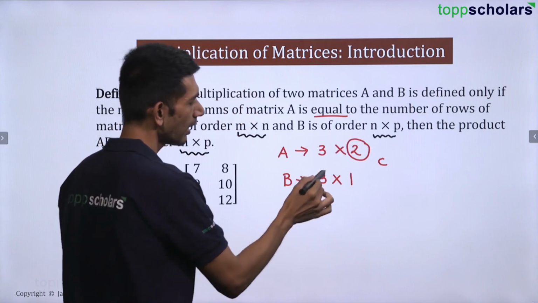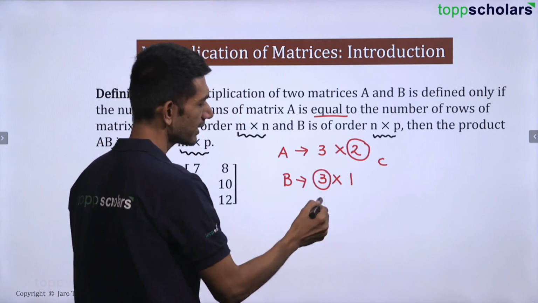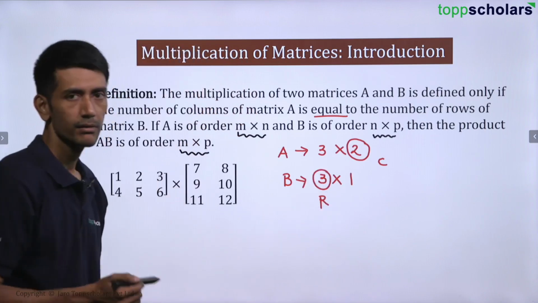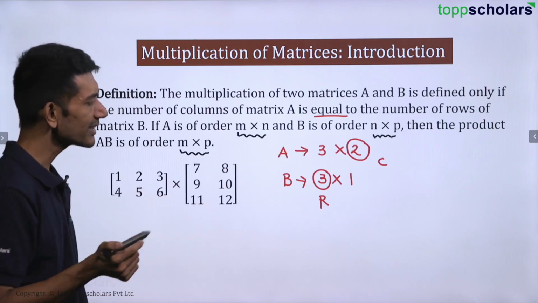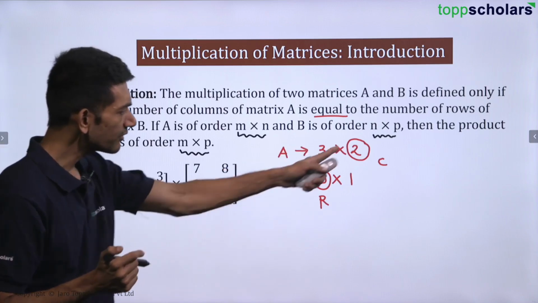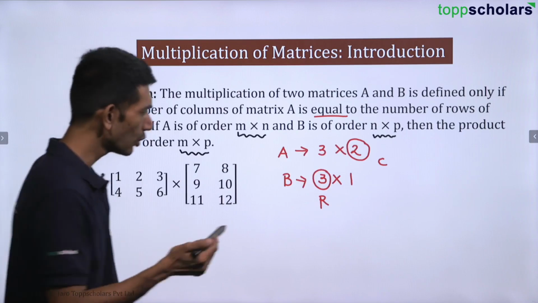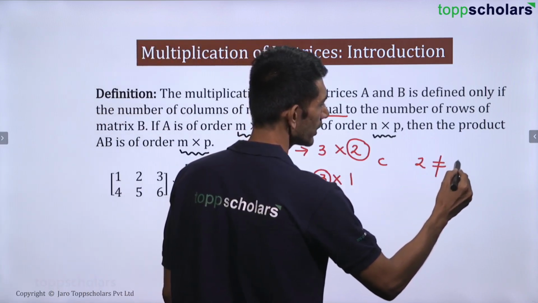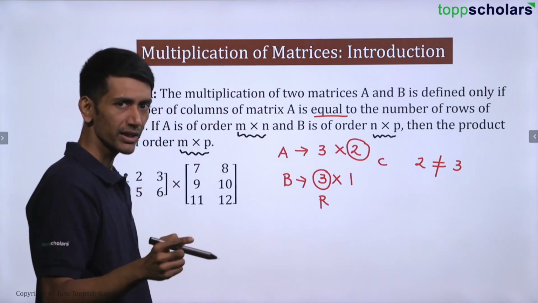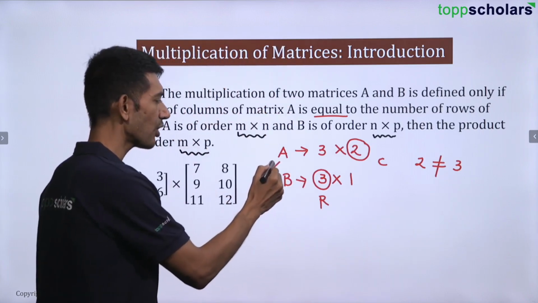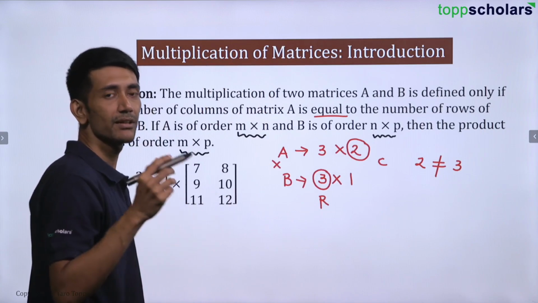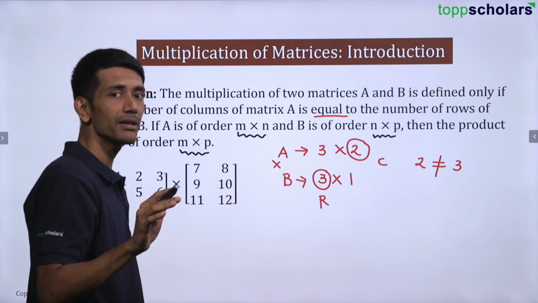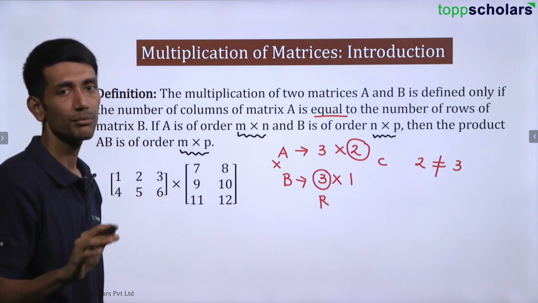Now tell me, how many rows are there here in B? 3. How many columns are there in A? 2. Is 2 and 3 the same? No. 2 is not equal to 3. If 2 is not equal to 3, we cannot multiply A and B. The multiplication of A and B is not possible.